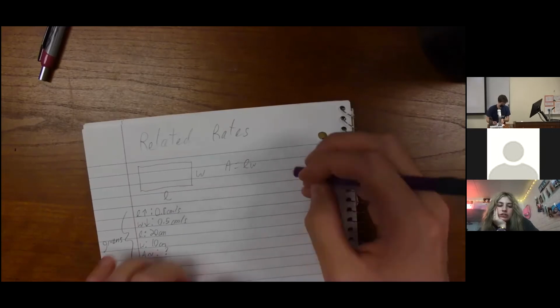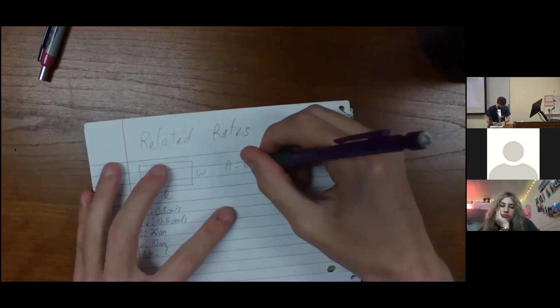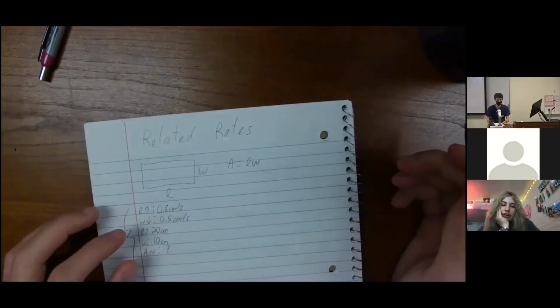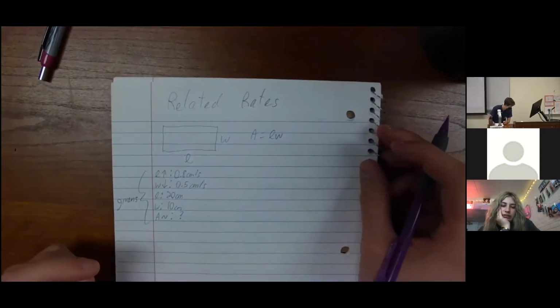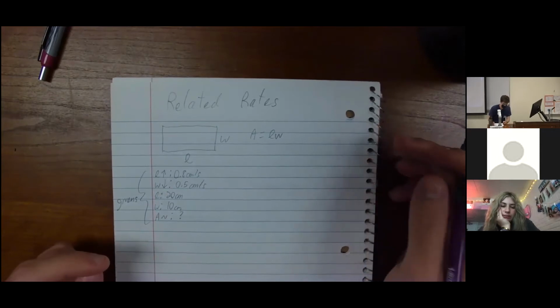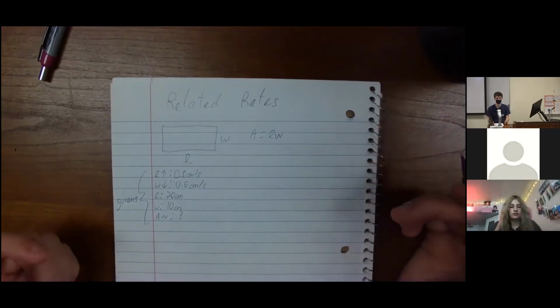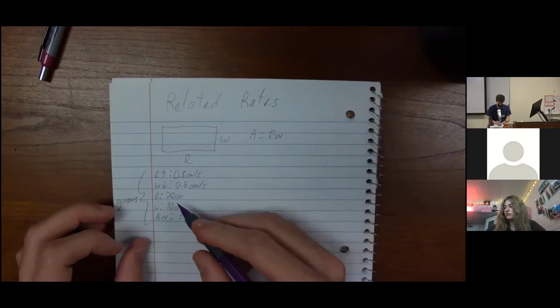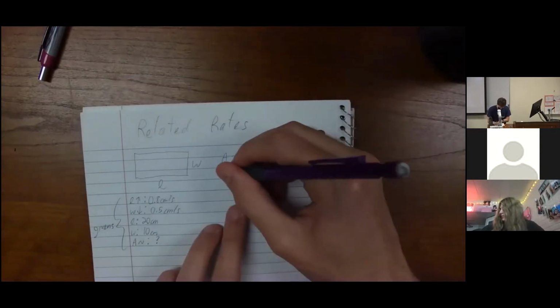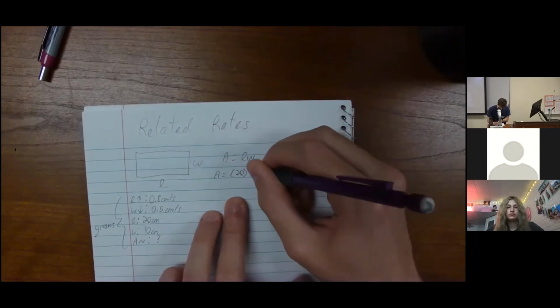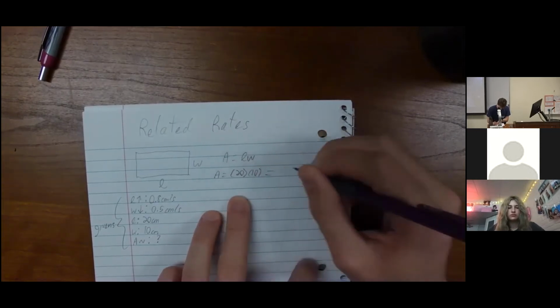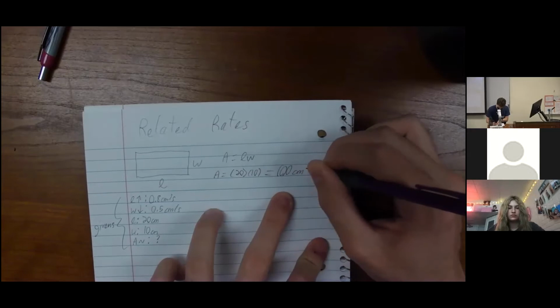It'd be 200 at the start, right? Yeah. So we're getting there. So if you do A equals 20 times 10, then you'll get 200 centimeters squared, right?